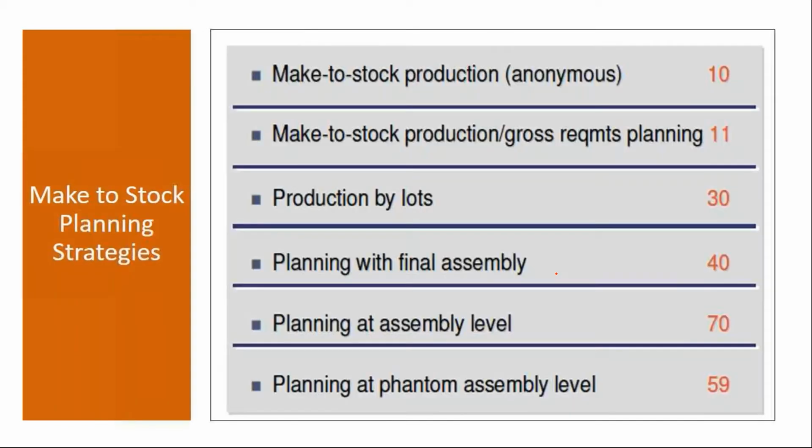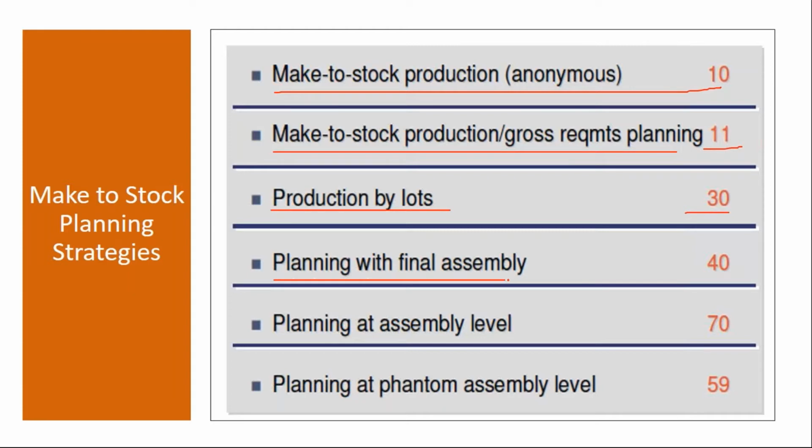Some of the important planning strategies in make to stock are 10, pure make to stock; 11, gross requirement planning; 30, production by lot size; 40, planning with final assembly; 70, planning at assembly level; and 15, planning at phantom assembly level.